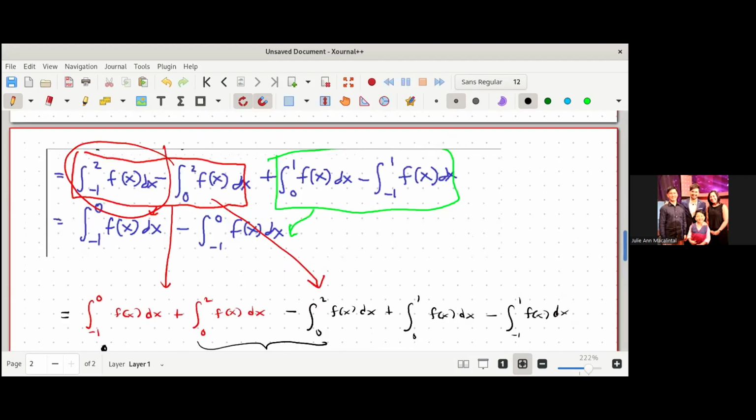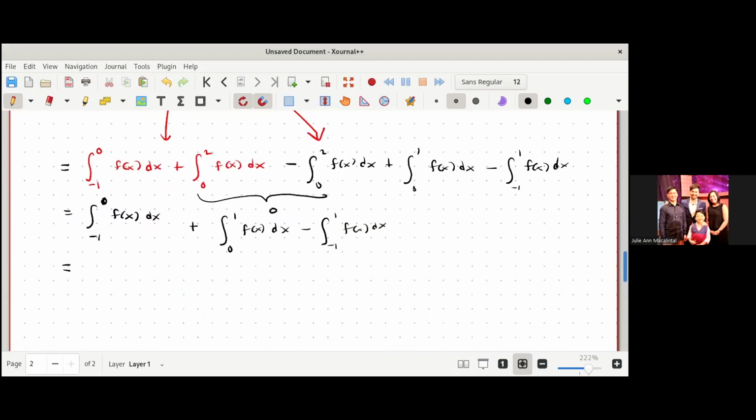Pili ka uli dun sa dalawang theorems, either yung magbiyak or mag-combine or mag-flip ng limits. So ano yung next na step dito?